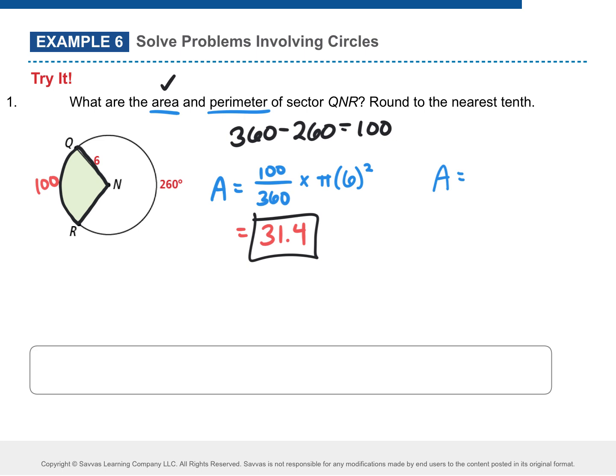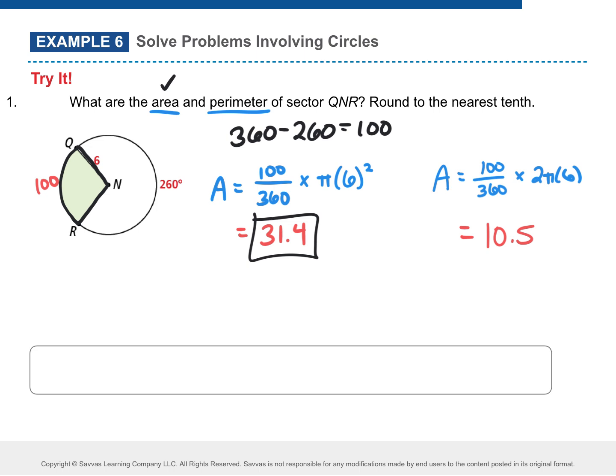So arc length, I again take 100 over 360 times, what am I multiplying by? 2 pi times 6. So 100 divided by 360 times 2 times 6 times pi. I got 10.5. So we get 10.5.